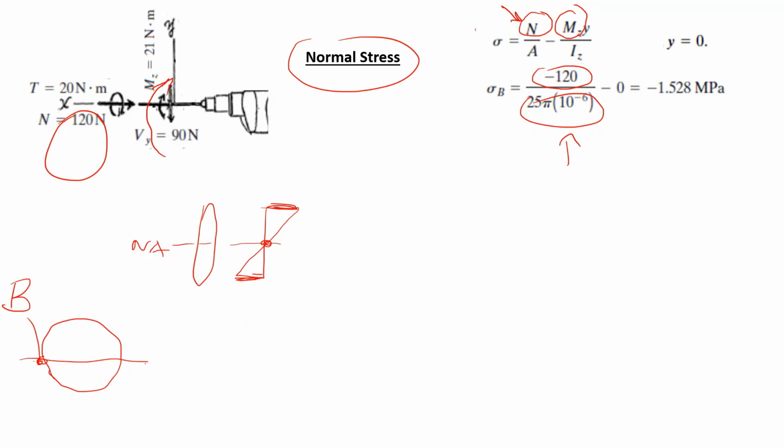So the y value, which is the distance from the neutral axis, is 0, and so we do not have any normal stresses caused by bending. As a result, only the normal force causes a compressive stress value which is uniformly distributed in the section.